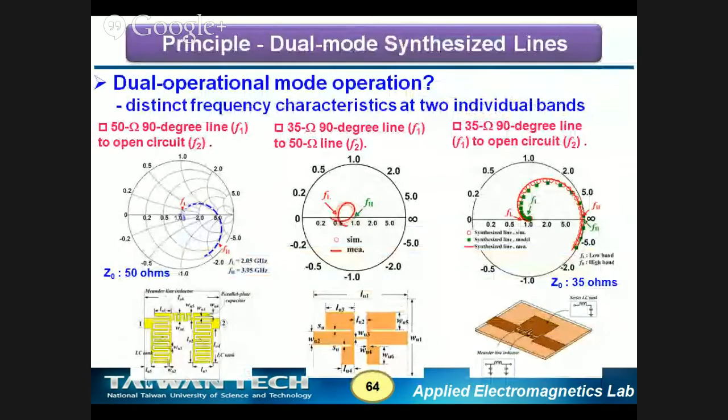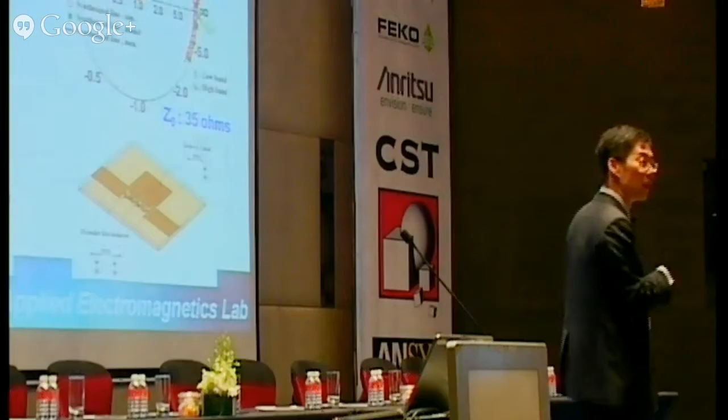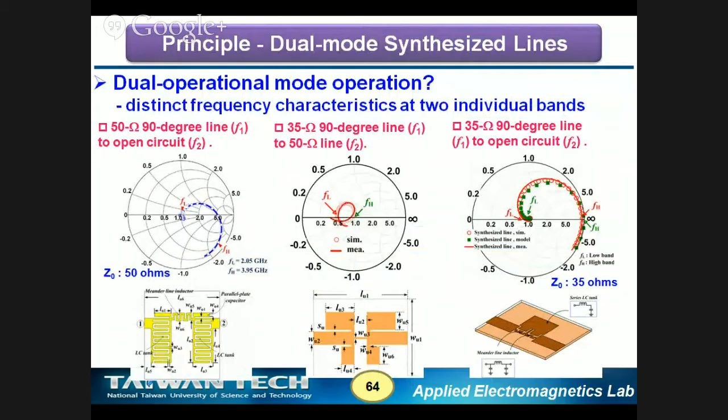So many people ask whether my group designs this sort of transmission line completely based on tuning. My answer is no. We did not design such a synthesized transmission line using a tuning process.